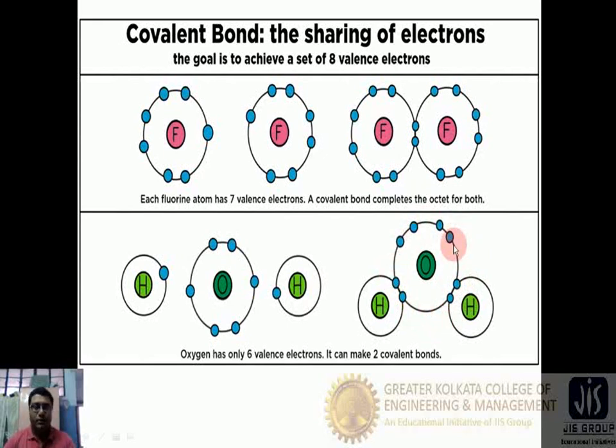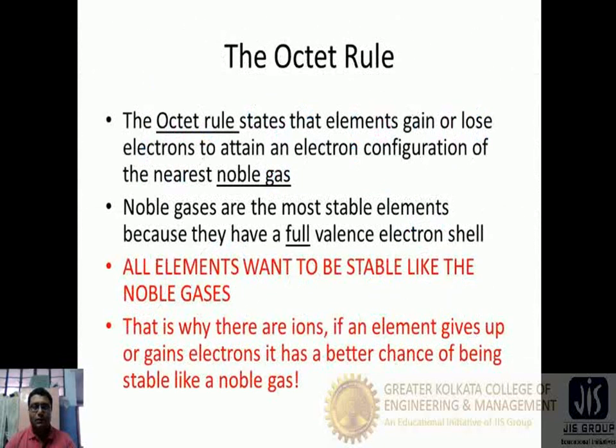In this way they form the covalent bond and try to be as stable as possible. These are examples of the covalent bond, and we have discussed the octet rule.